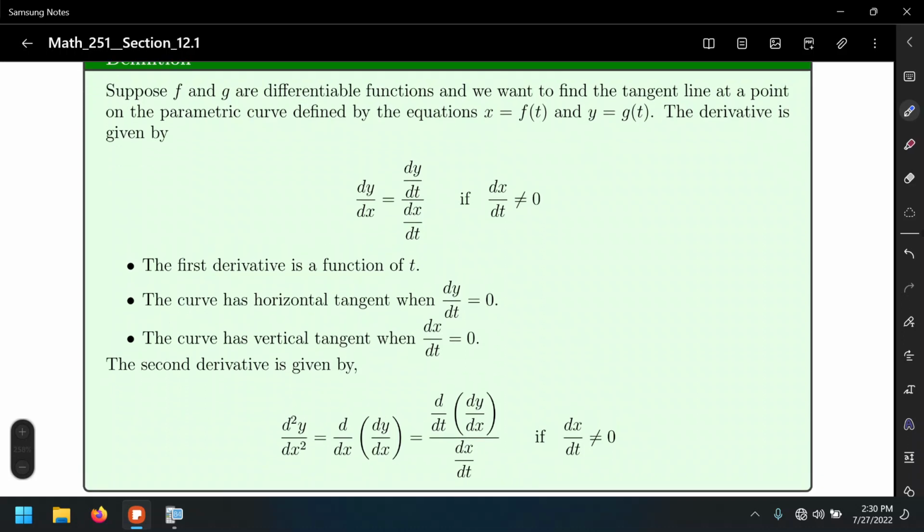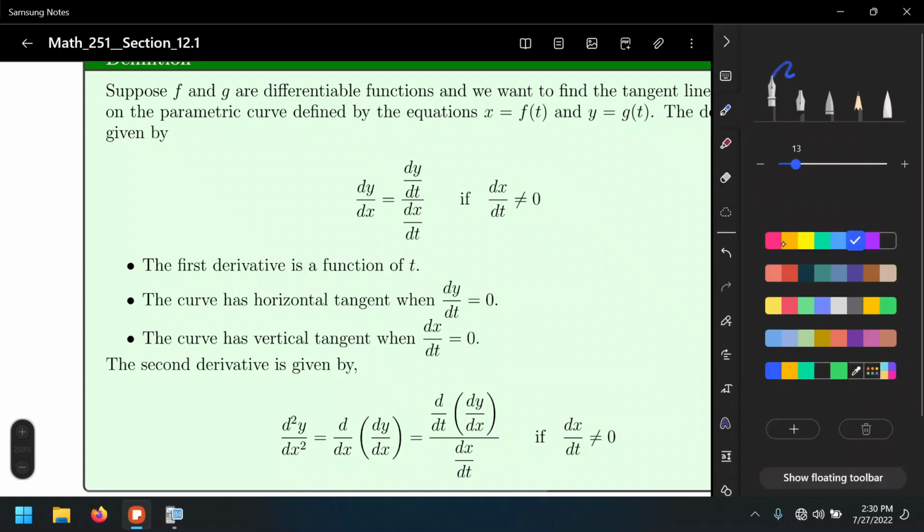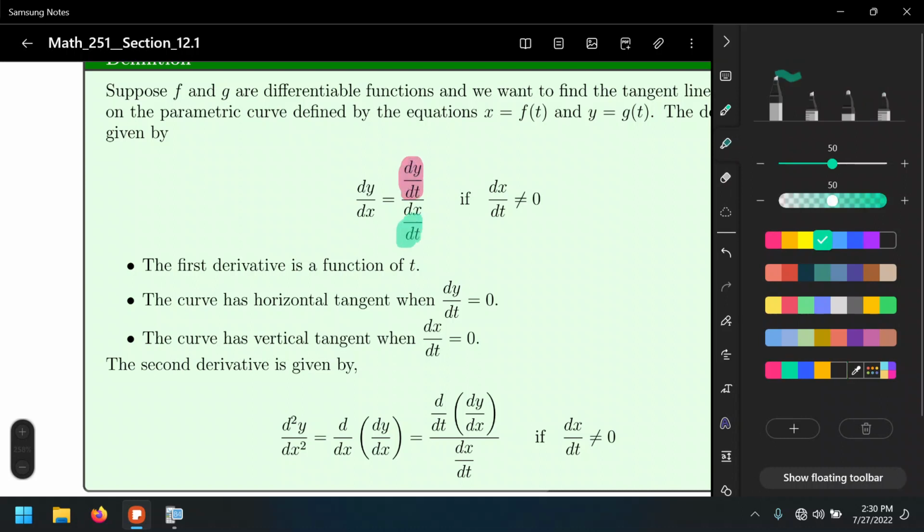And the way to find the derivative in parametric form is by dividing dy dt over dx dt, which is basically the derivatives of the x equation with respect to t and the derivatives of the y equation with respect to t.